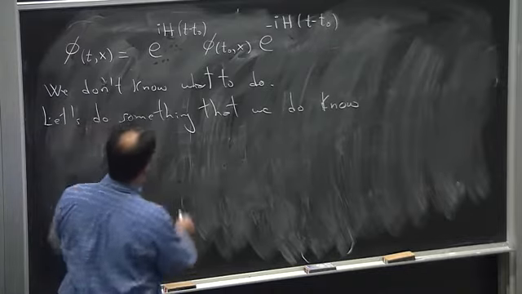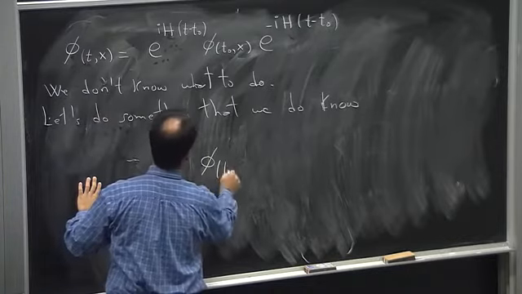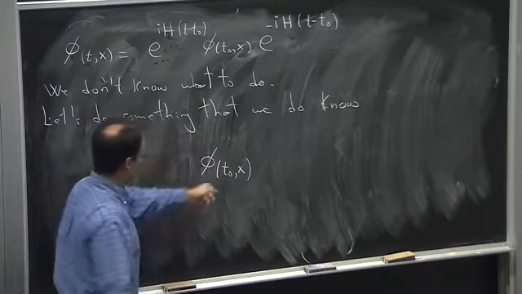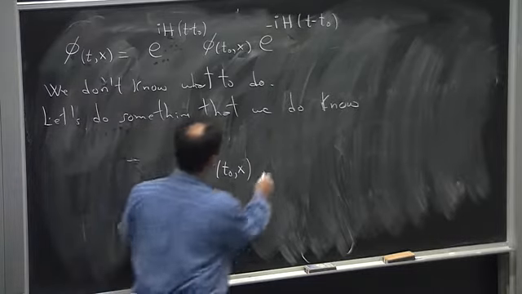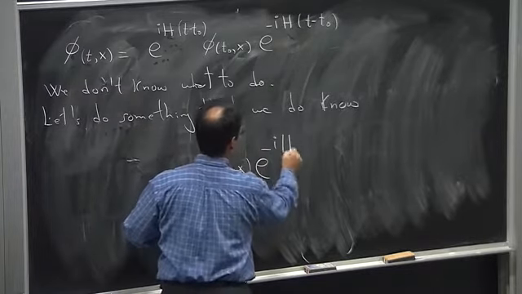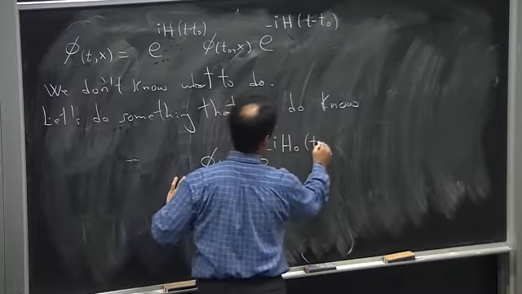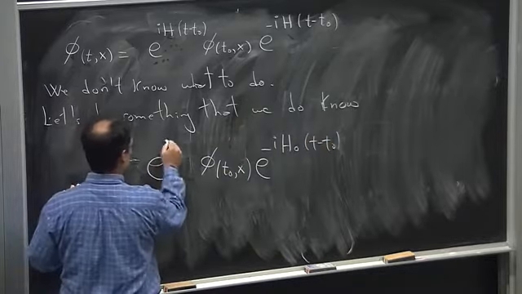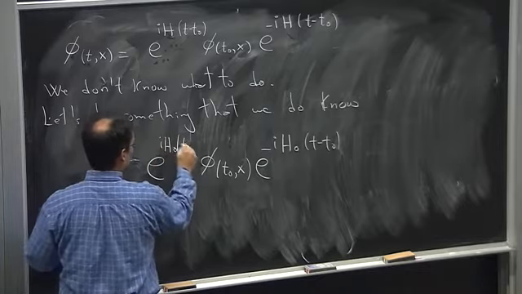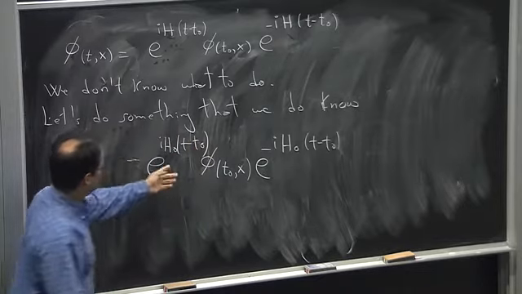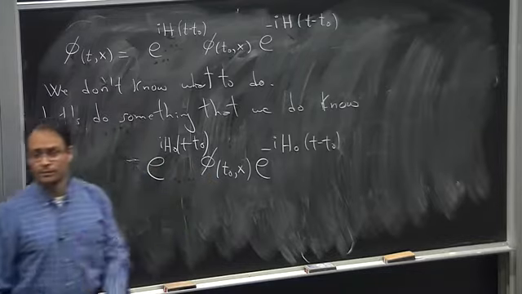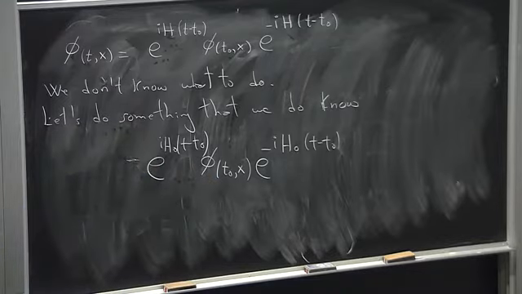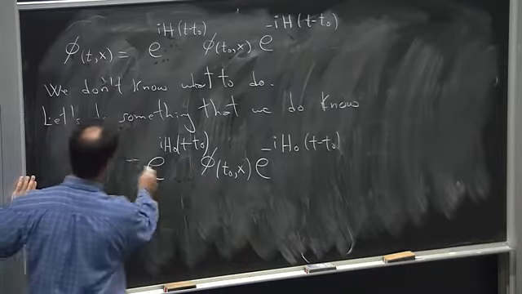So instead of doing this, let's take our operator here and now evolve it with a free Hamiltonian. After all, that's the thing that we know how to do, right? We spent all this time up to today learning how to deal with this, okay?